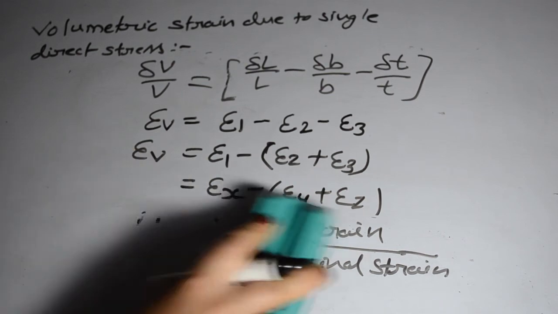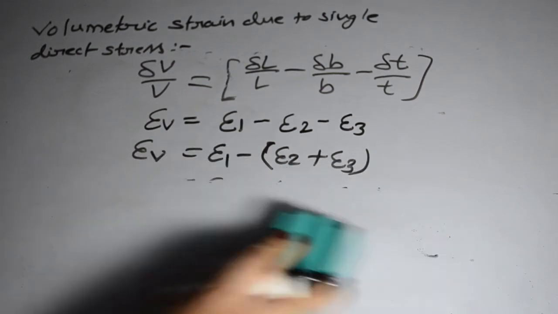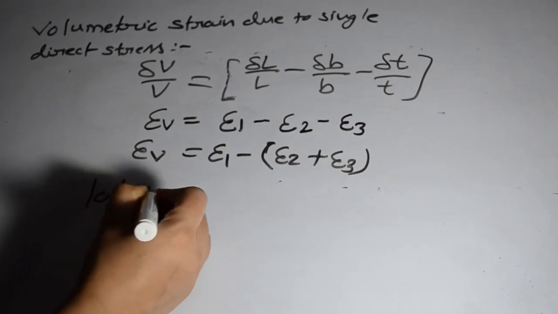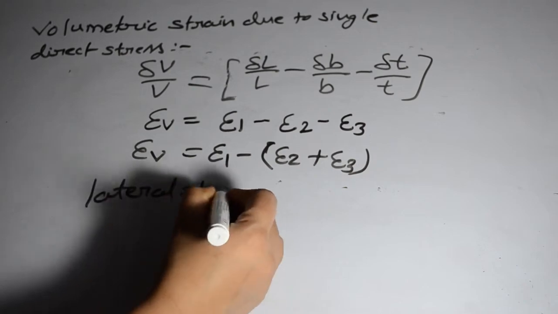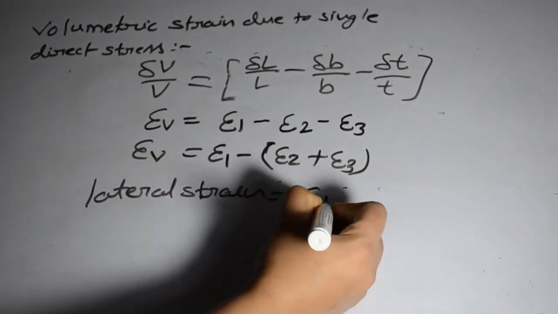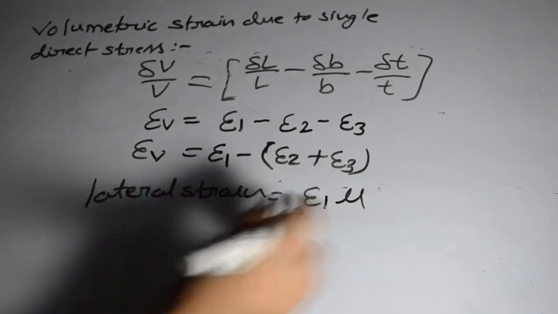So the lateral strain is equal to the longitudinal strain, eta 1, into mu.